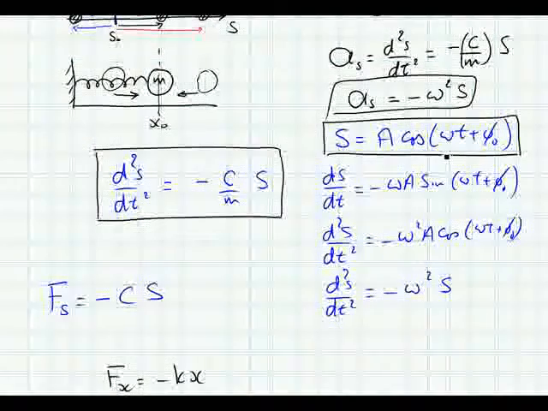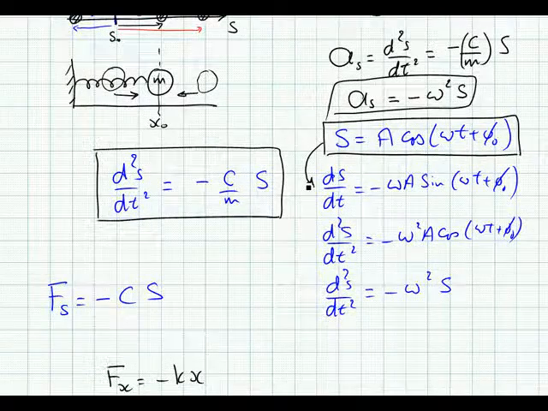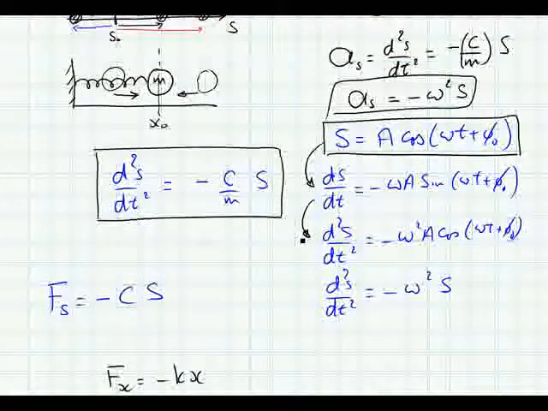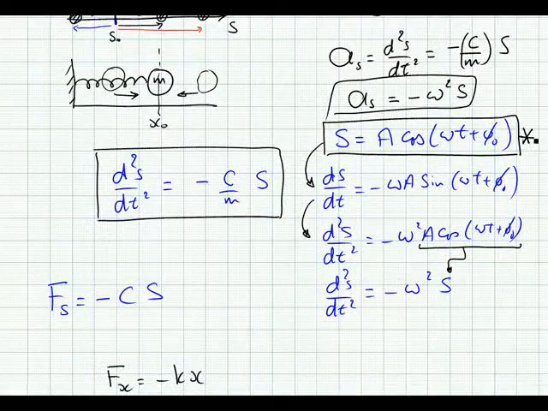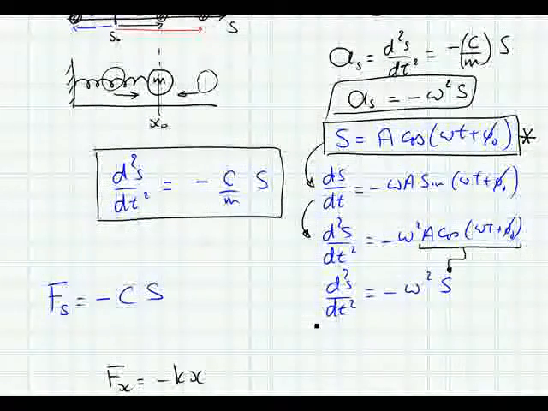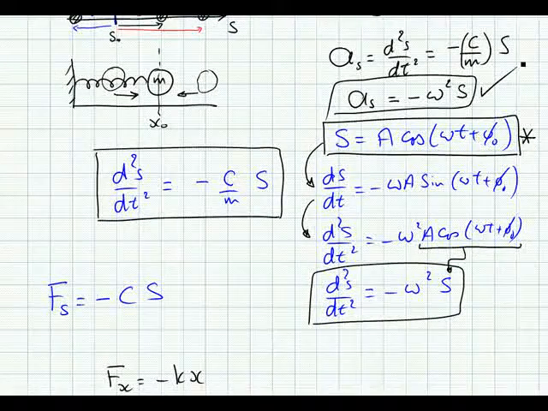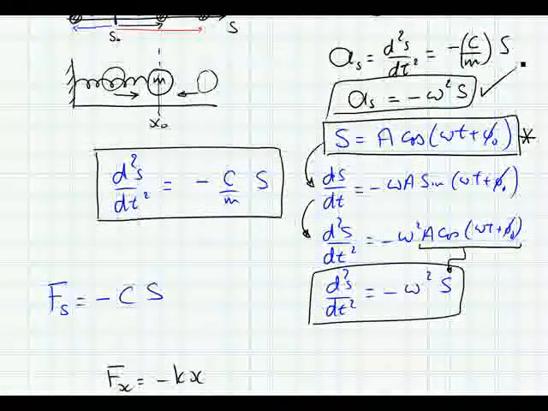Just differentiating with respect to time, we end up with minus omega A sine(omega t plus phi naught), and the second derivative would be minus omega squared A cosine(omega t plus phi naught), and A cosine(omega t plus phi naught) is of course s, as we defined up here, which gives us d2s dt squared is minus omega squared s. Therefore, that's of the same form that we said our motion needs to be.